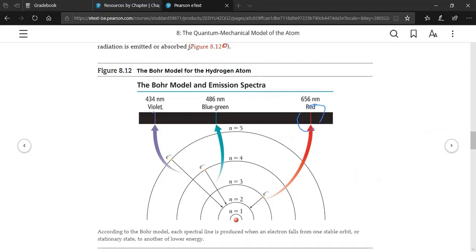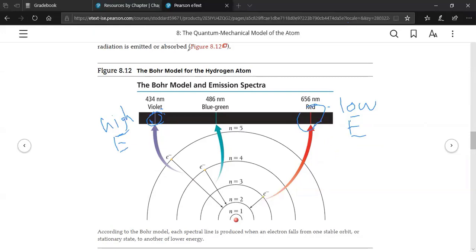Violet up here is the highest energy. So red is the lowest energy. So that corresponds to a light that has less energy than violet does, because violet's a higher energy. And we already mentioned that in looking at the electromagnetic spectrum.